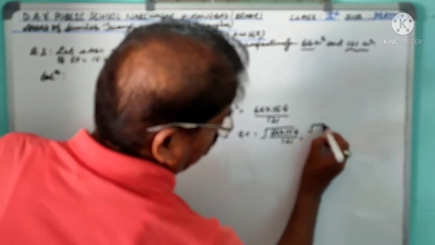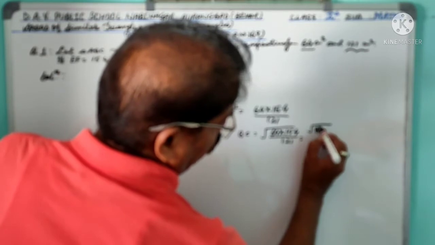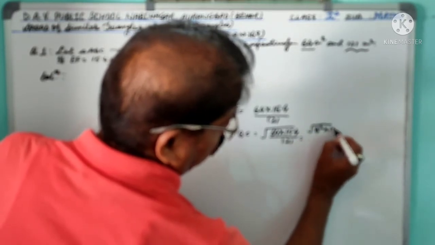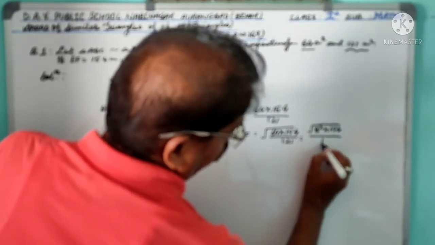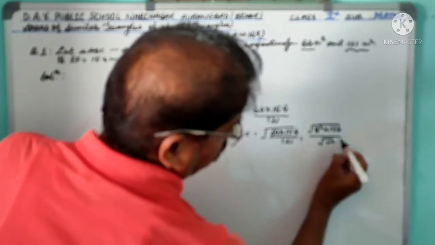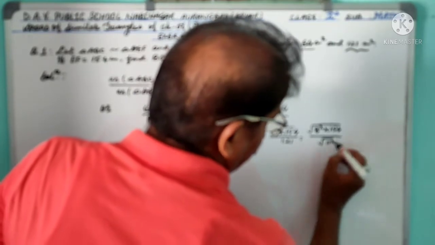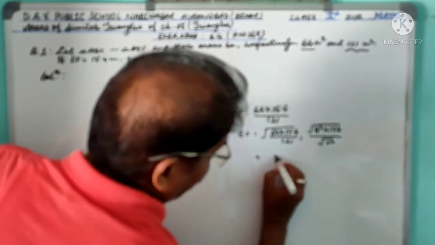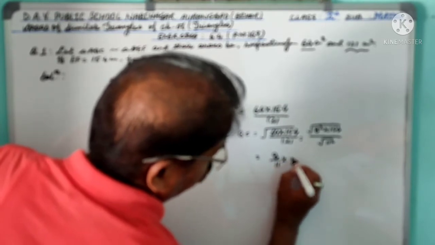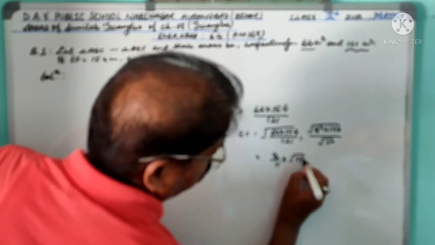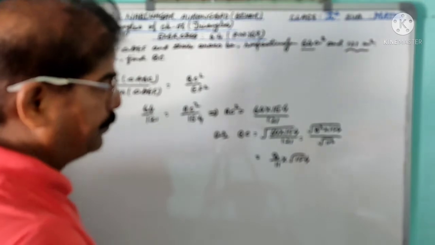That means 8 square into 15.4 square by 11 square, which is 8 by 11 into 15.4.